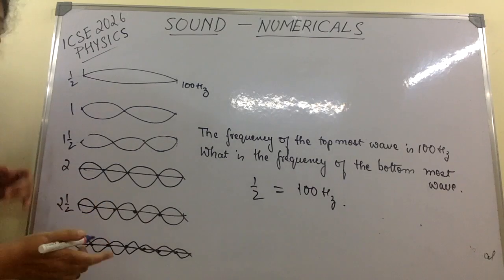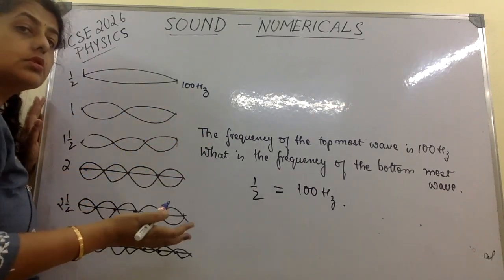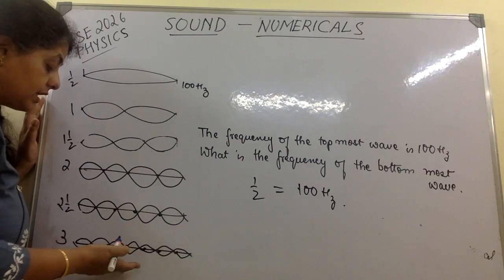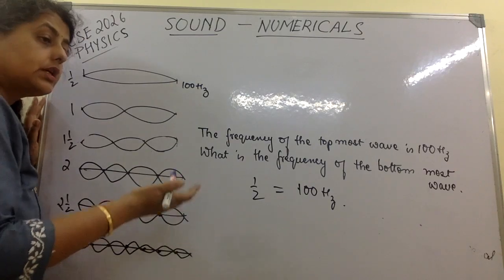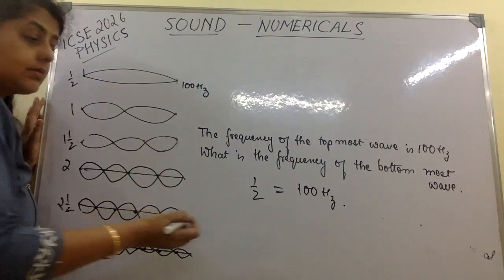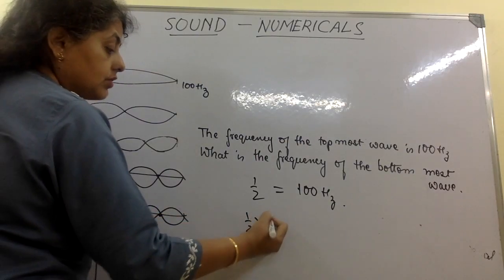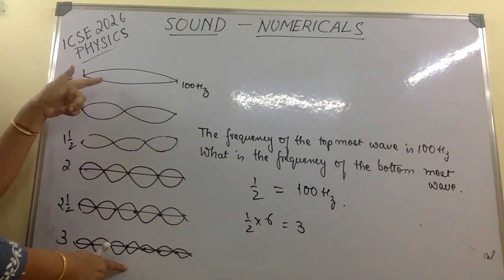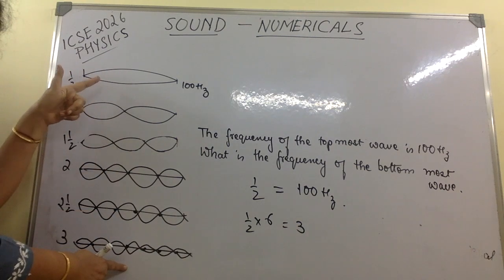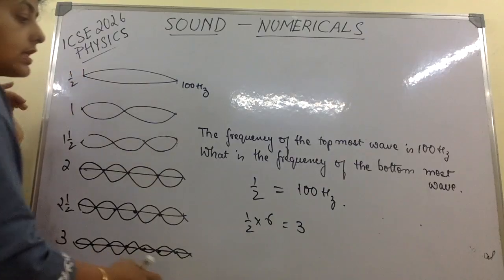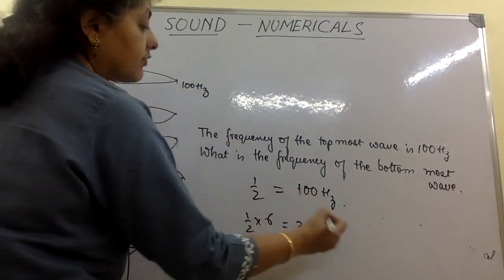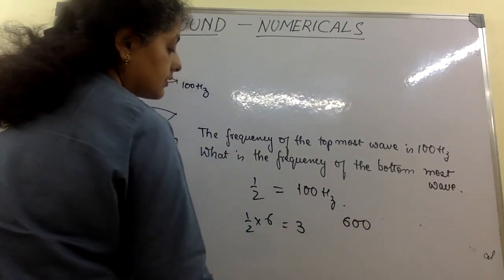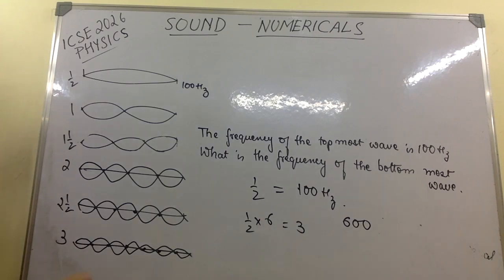This is half. How do you make half to 3? Half into 6 will make it 3, isn't it? Half into 6, that will make it 3. So this wave is 6 times of this one. Frequency of this one is 6 times of this. Therefore, the frequency of the bottommost is 600 hertz. Okay.